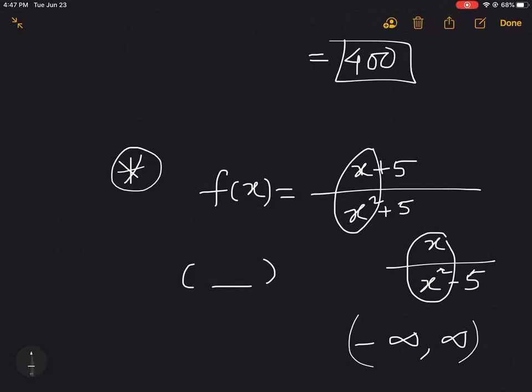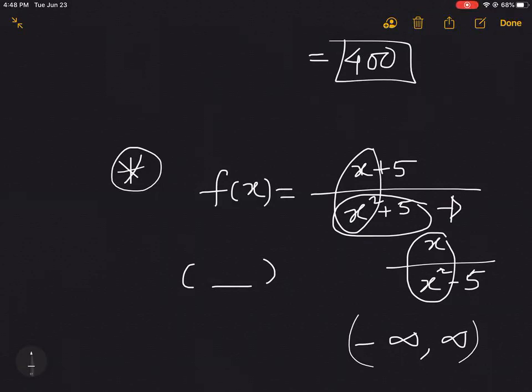So if you remember, for fractions, all you need to do is set your denominator to 0 and find the values of x for which this is 0, and apart from those values, everything else from the set of real numbers is your domain.